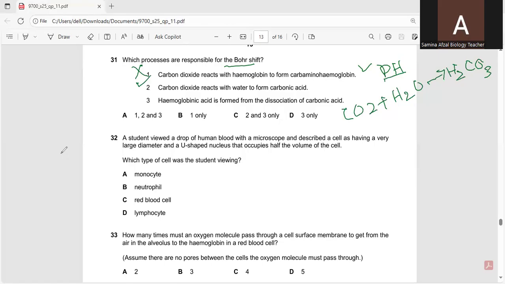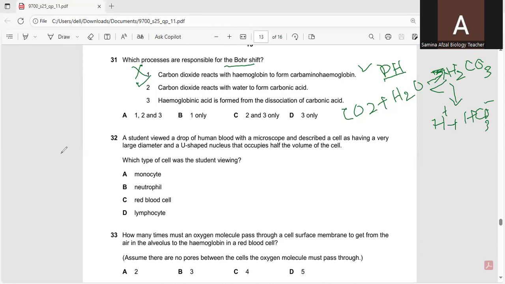Third statement: hemoglobinic acid is formed from the dissociation of carbonic acid. Well, the carbonic acid formed in this step is unstable. It is unstable, so it will dissociate into hydrogen ions and bicarbonate.